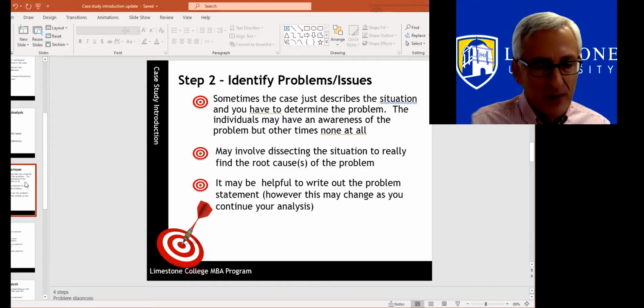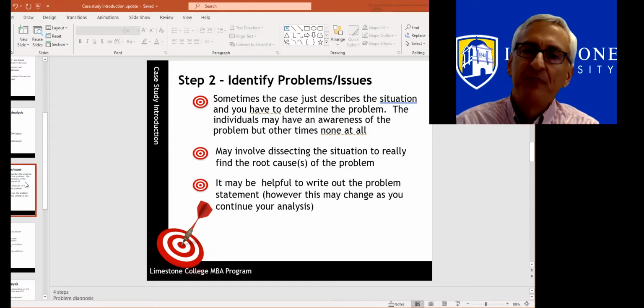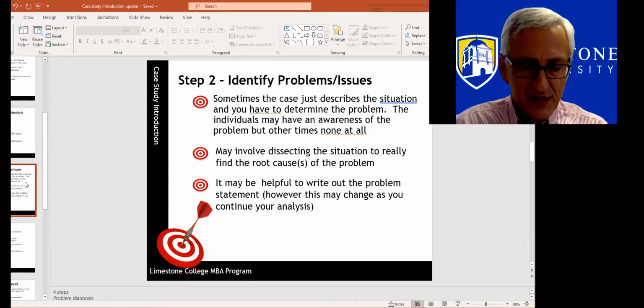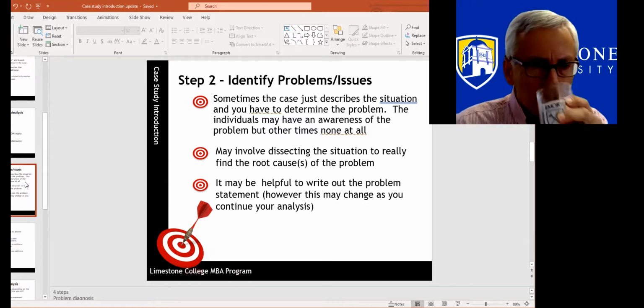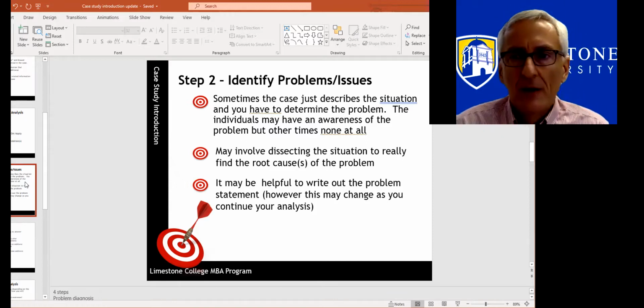So identify the problem, and I will say that this sounds much easier than it is in many situations. And I say that because in many situations, people will talk about the symptom of the problem, not the problem.